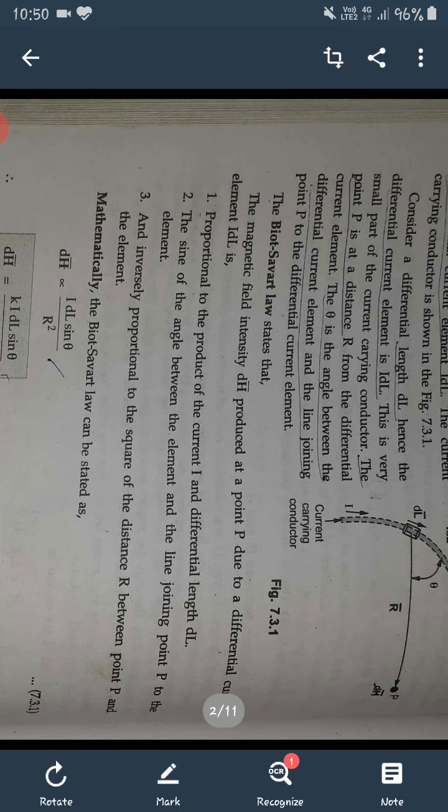So mathematically we represent the Biot-Savart's law as dH vector proportional to IdL sine theta by R square.